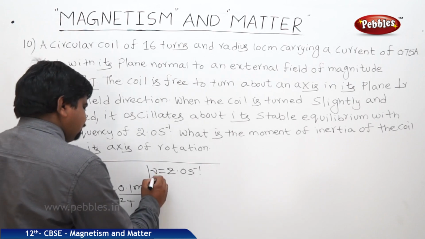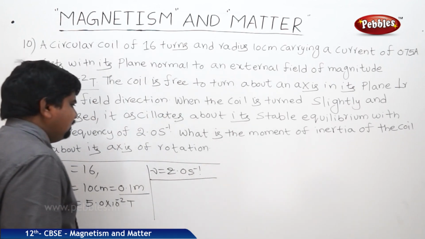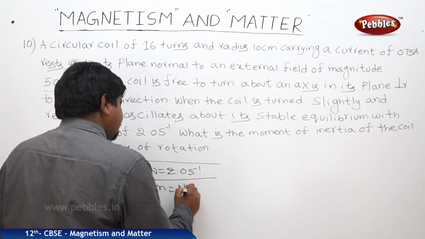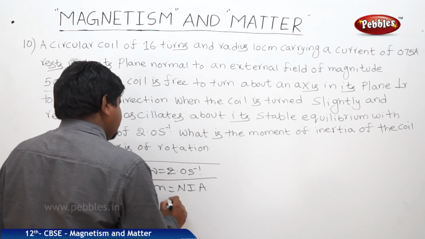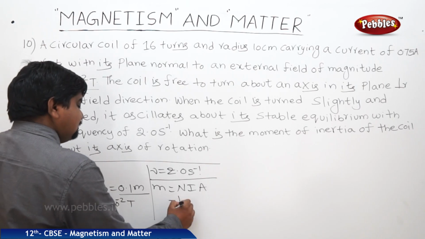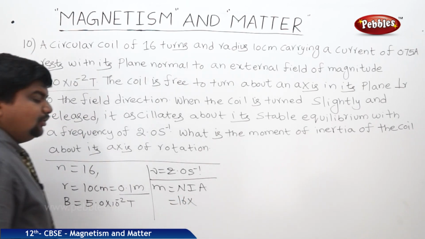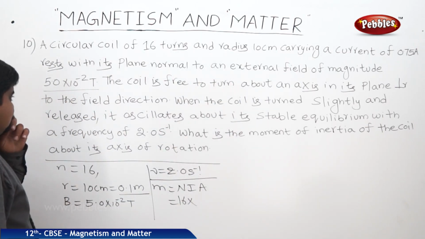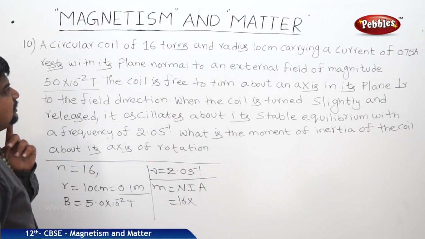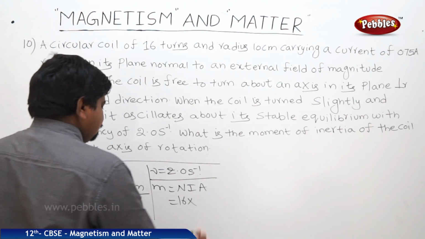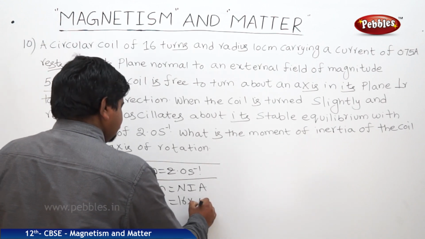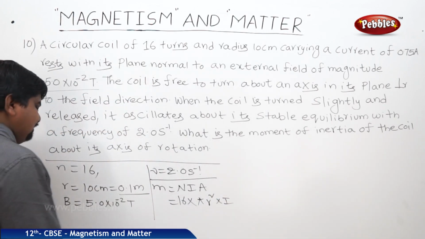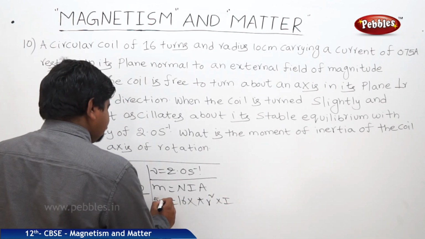There are many ways to find the moment of inertia. First we will find the magnetic moment, NIA. The N is 16, and I is the current, 0.75 amperes. The area of cross section is pi r square. The magnetic field is 5 into 10 to the power of minus 2 Tesla.